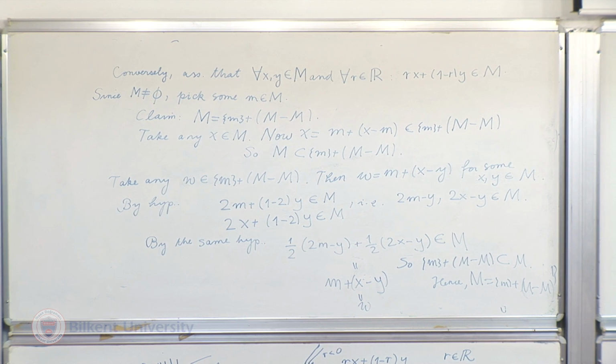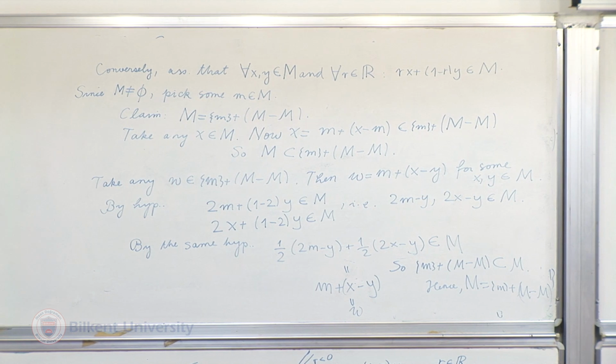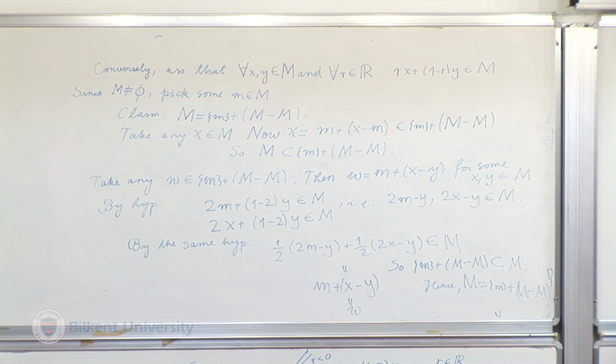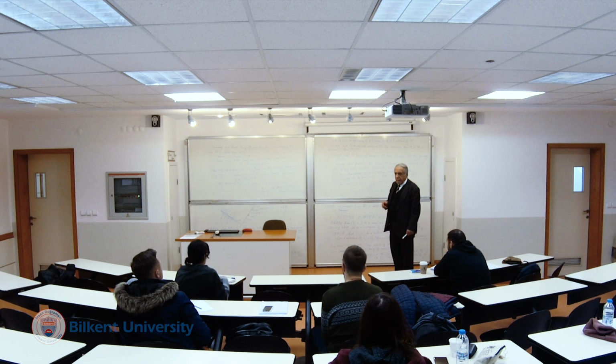In fact, take any x in M, x minus x, 0 is in M minus M. Well, then we'll show first that it's closed under scalar multiplication, and then it's also closed under vector addition. Conclude that it's a subspace of Rn, and that'll complete the proof. But let's continue with the rest of the proof next time.